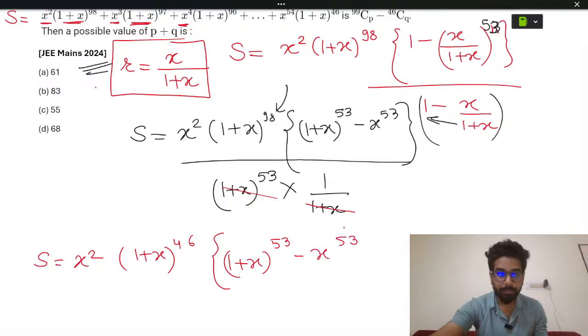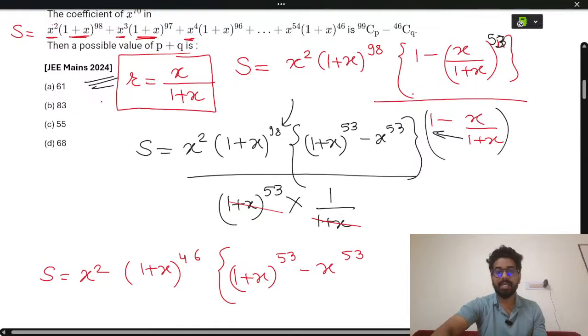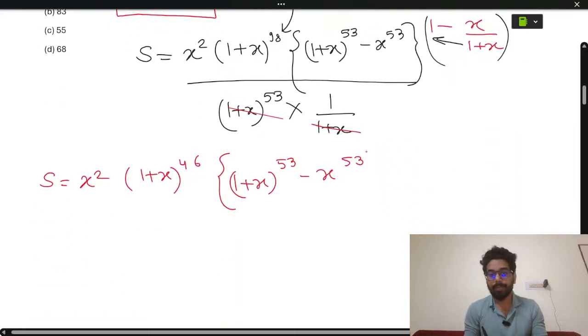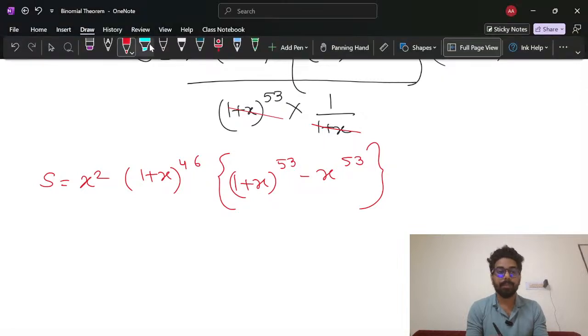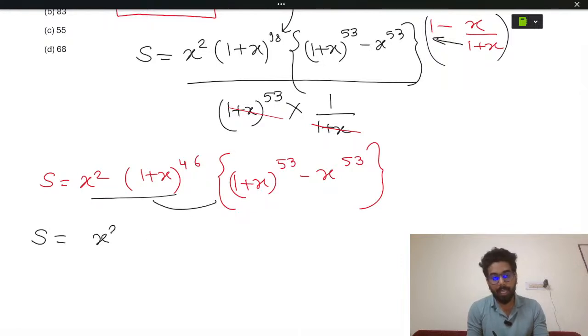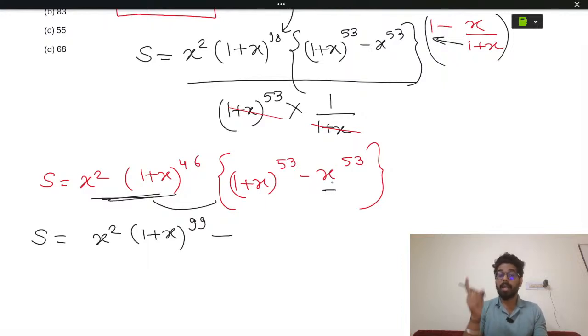Now, what do we want? They are saying the summation is 19 Cp minus this. Sorry, coefficient of x power 70. Okay. Coefficient of x power 70. So, further we will solve it. What will this become? This multiplied by this will become x square (1 plus x) whole power 99, minus this multiplied by this. Again, see, same thing.